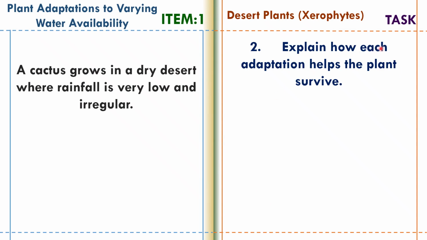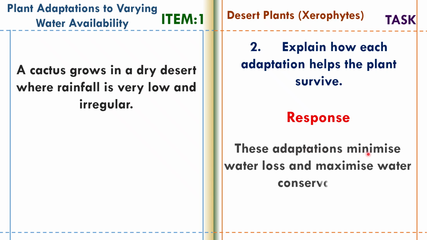Explain how each adaptation helps the plant survive. These adaptations minimize water loss and maximize water conservation.